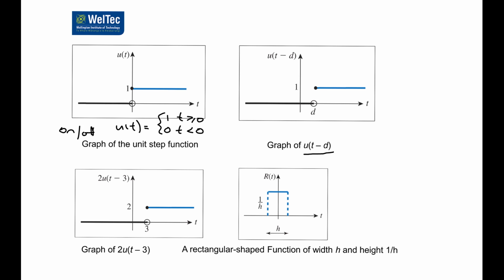So in the third diagram there, let's see if we can write what that's going to be. When t is greater than or equal to 3, the value of the function is 2. And when t is less than 3, then the value of the function is 0.